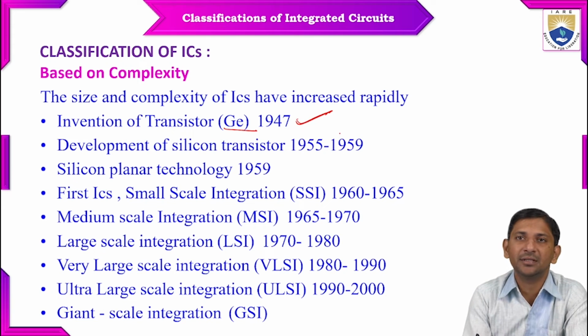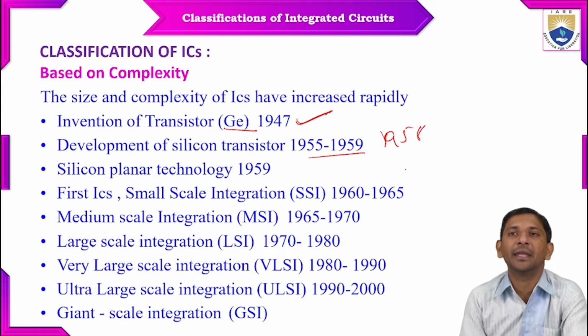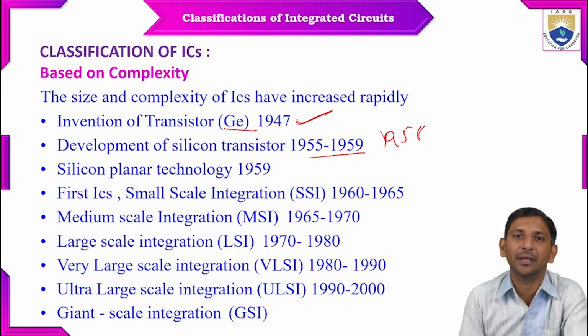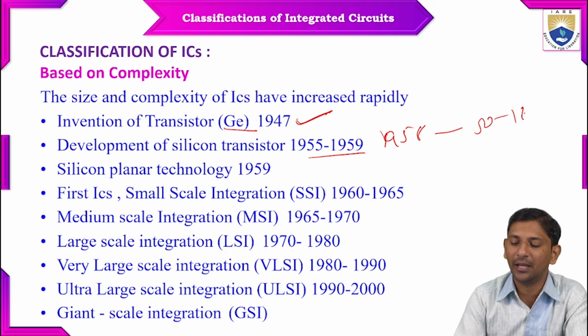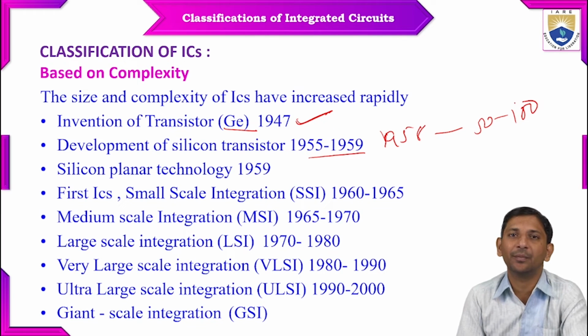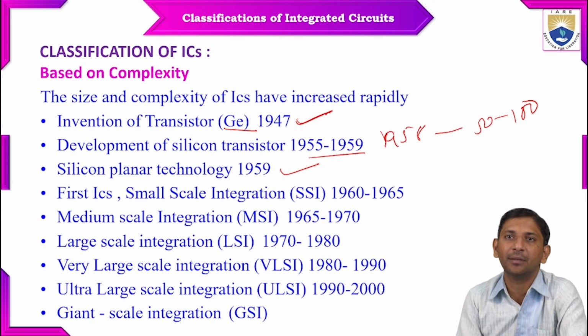But the big change came in 1958, after the three American people designed our integrated circuit exclusively using a small number of transistors, from 50s to hundreds of transistors, to perform any analog and digital operation. After 1958, silicon planar technology came into the market.